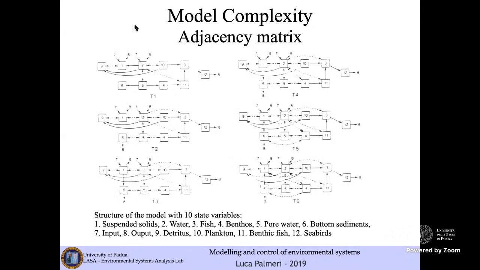In order to be more precise, now we start describing a way of evaluating model complexity. In order to do so, we shall present a set of different models. For example, we focus on a particular ecosystem, and we decide that this ecosystem may be described by 12 variables. For example, suspended solid, water, fish, benthos, pore waters, and so on.